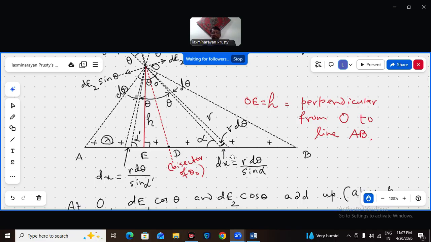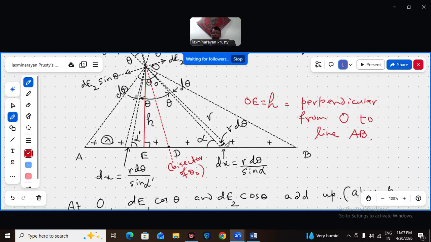What is this dx length? On the right-hand side, this length is r d theta. This is, let's say, alpha, so this is also alpha.